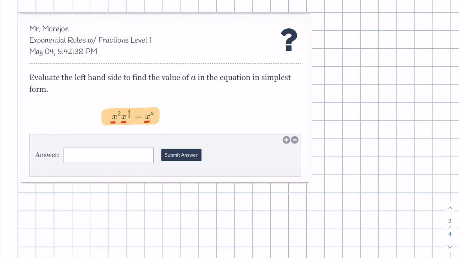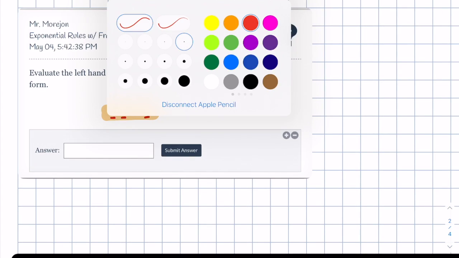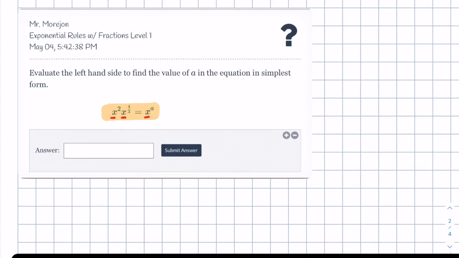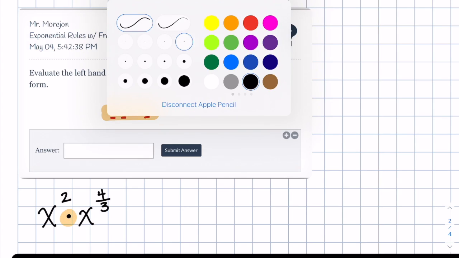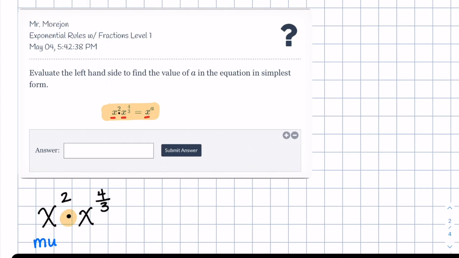So again, if I write it out a little bit bigger and we see x squared, you don't really see the times, but there's a little multiplication in between. x to the 4/3, right? So this looks like a rule that we did last week. This is the multiplication rule.